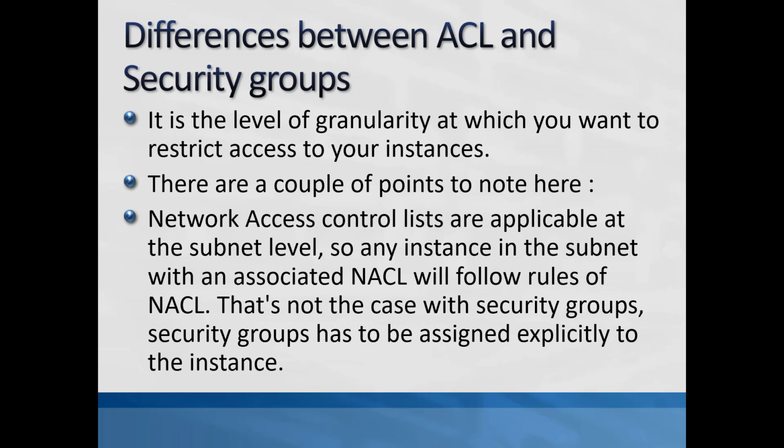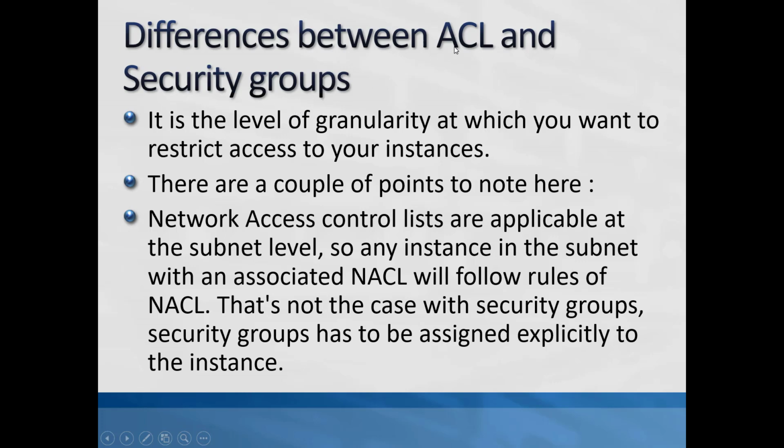So, differences between ACL and security groups. It is the level of granularity at which you want to restrict access to your instances. Now, ACL is also a set of firewall rules, and security groups also work as firewalls. So we're talking about two levels of firewalls.